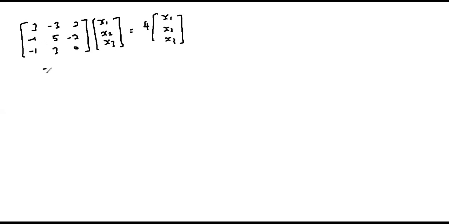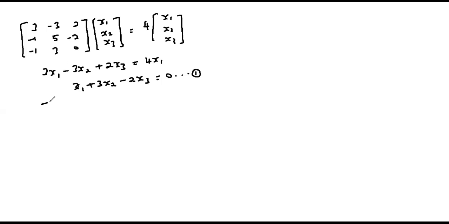From this, we can write 3x1 minus 3x2 plus 2x3 equals 4x1, from which we have x1 plus 3x2 minus 2x3 equals 0. Call that equation 1.